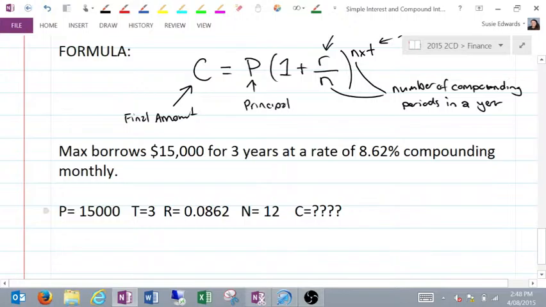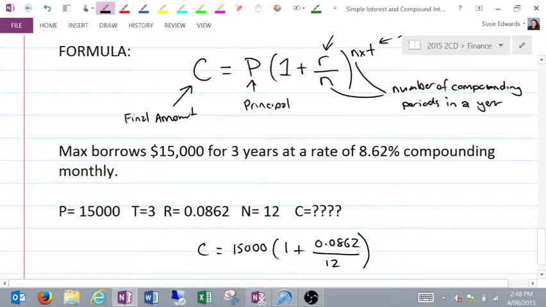So, using our formula, we can then say C equals 15,000 times 1 plus 0.0862 divided by 12. Why again did I divide it by 12? To make it our monthly rate rather than our yearly rate.